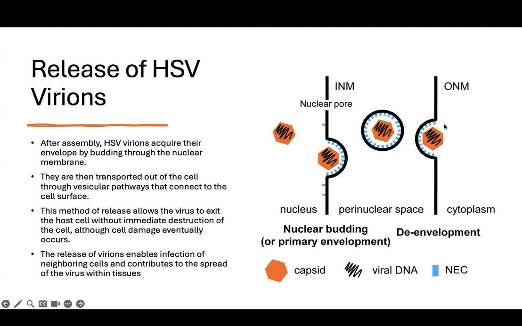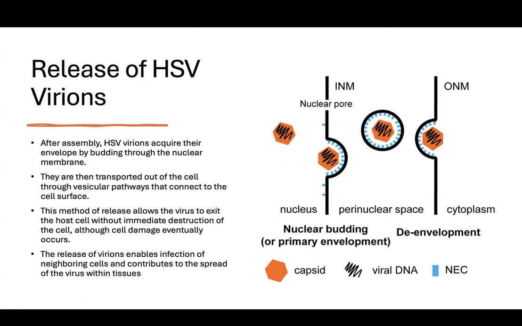This is not the best picture, it was the best one I could find, but technically, when it leaves, it leaves also with the nuclear membrane. But this leaving the nucleus and leaving the whole cell is very smooth in a way that the cell doesn't die. And if you think about it, it's very important that the cell doesn't die because the virus is there doing its latency.